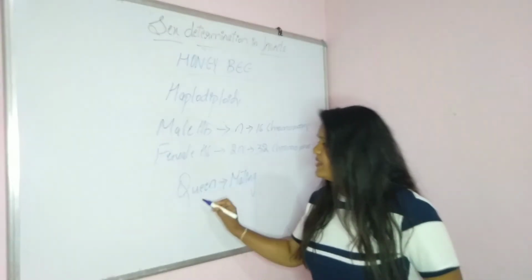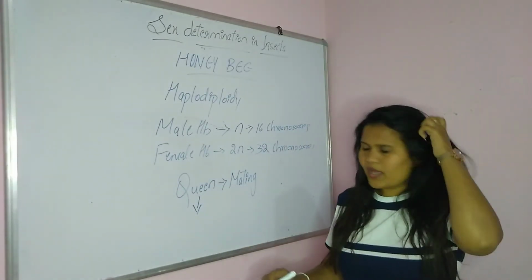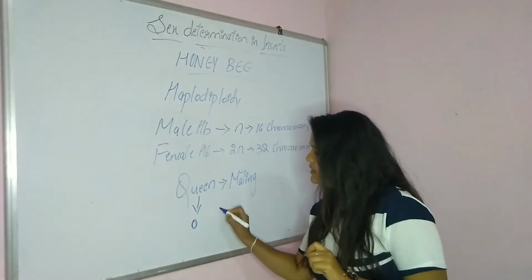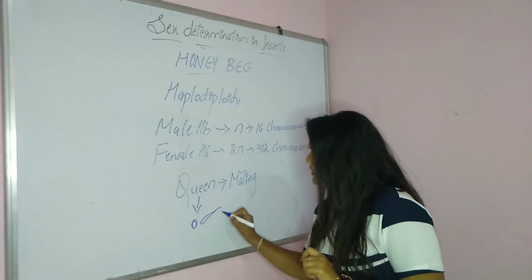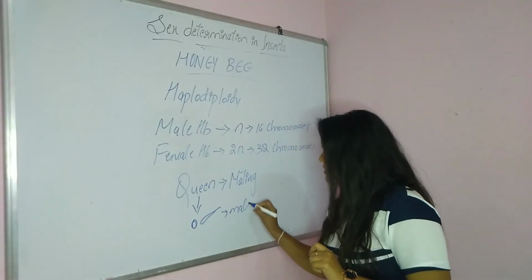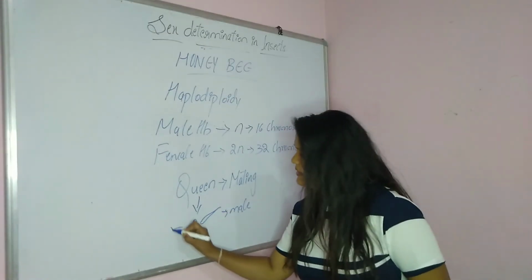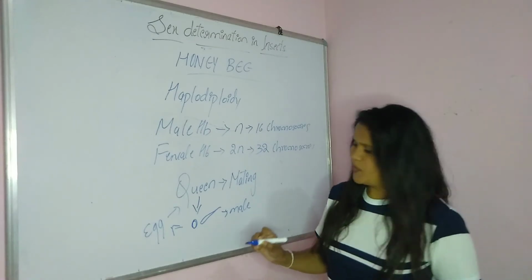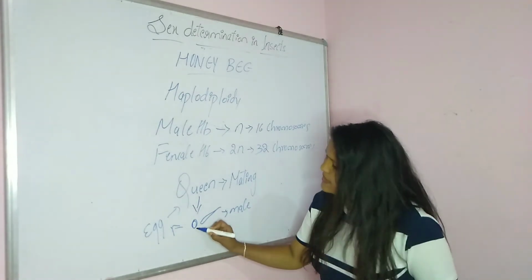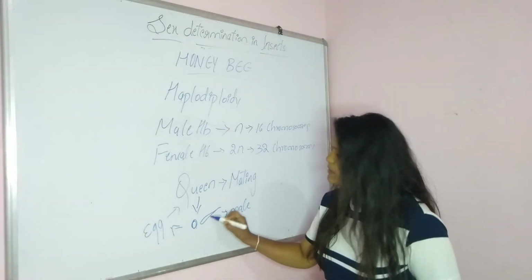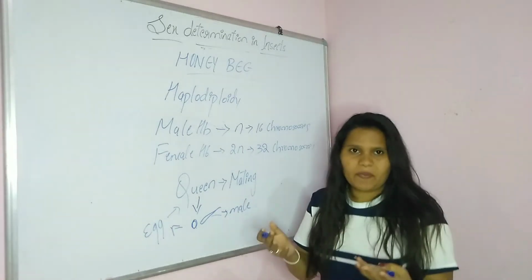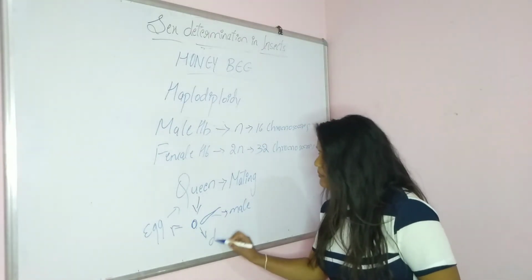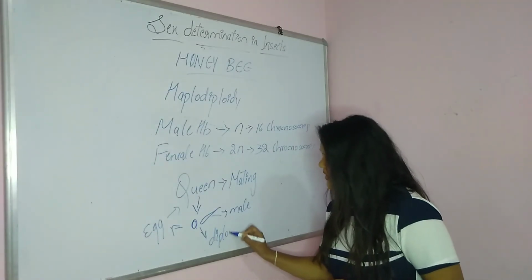After that, when this queen, okay, this female's egg will get fused with the sperm of the male, okay. This is sperm of the male and this is the egg of the queen. Suppose the fusion of these female egg and this male sperm happens, then there will be the production of the diploid offsprings.